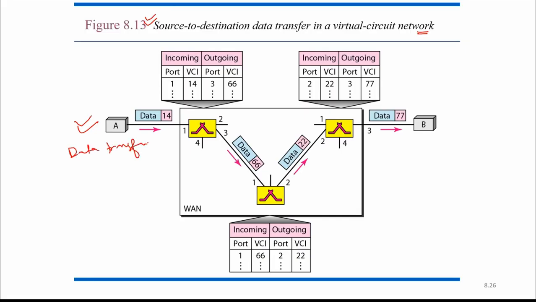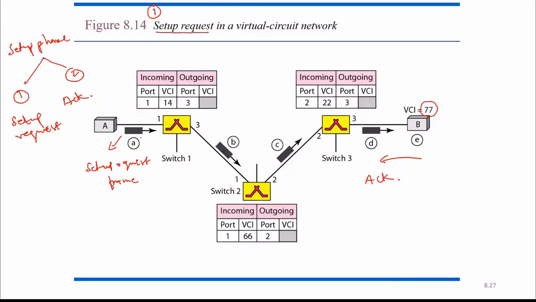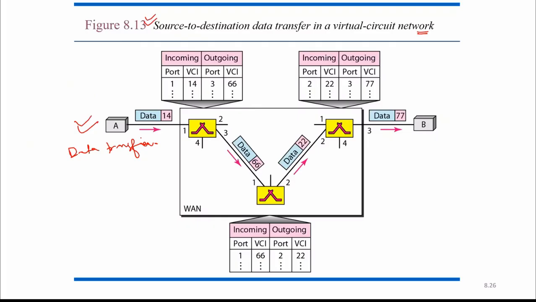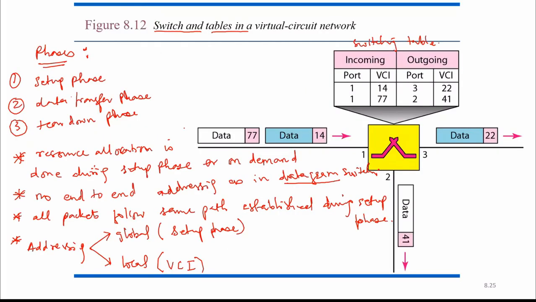Once the data transfer is done, the next phase is the tear down phase. In the tear down phase, the source and the destination inform the switches to delete the corresponding entries.